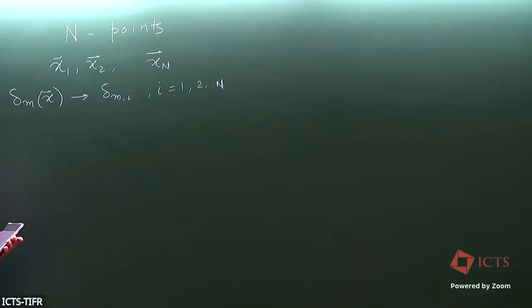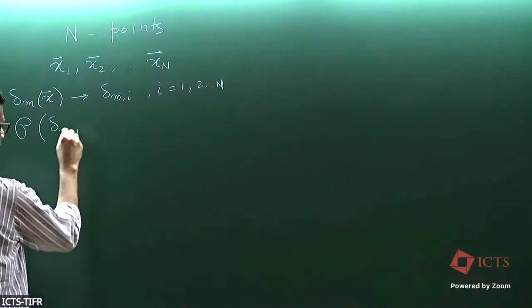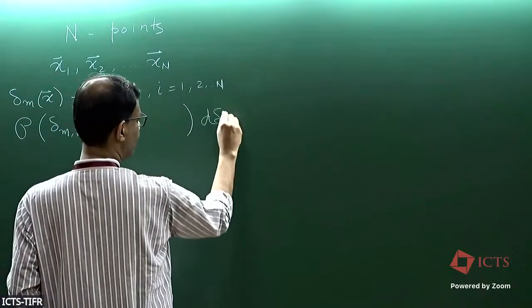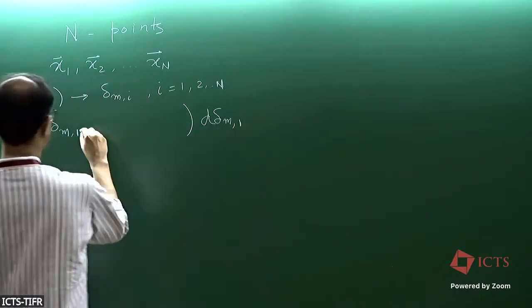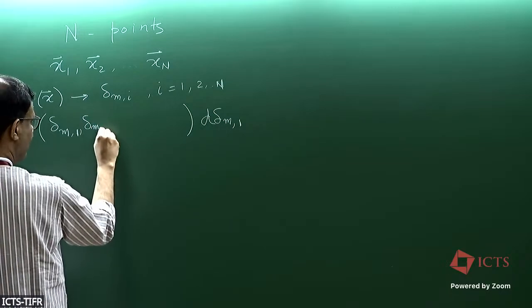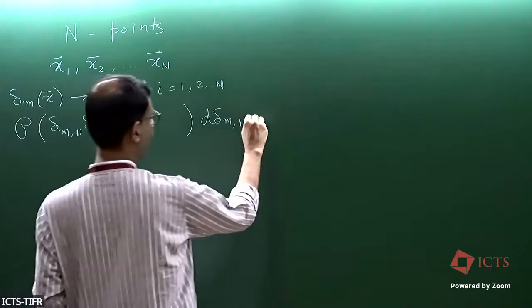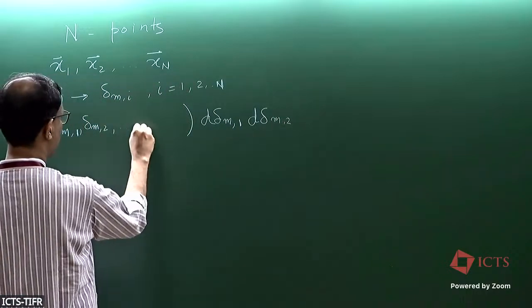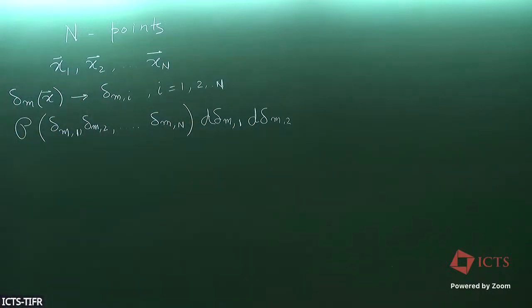We want to calculate something like this: what is the probability that I find delta at point 1 between delta m1 and delta m1 plus d delta m1, and at the same time I find the density contrast at point 2 between delta m2 and delta m2 plus d delta m2? This is nothing but building the probability density. So I would like to know this quantity.